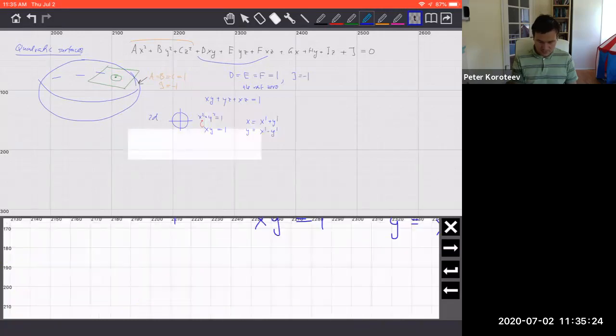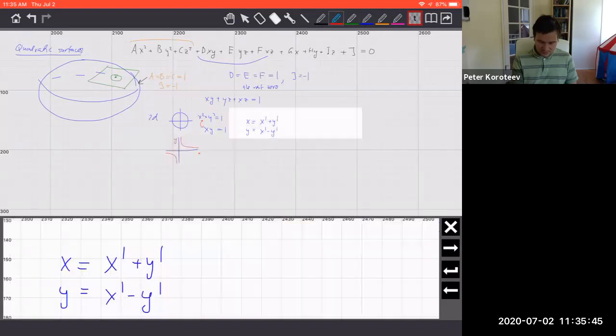So you have xy, right? You have a hyperbola, xy equals 1, it's like this. It's like that. Take a different color. So that's written in xy coordinates.